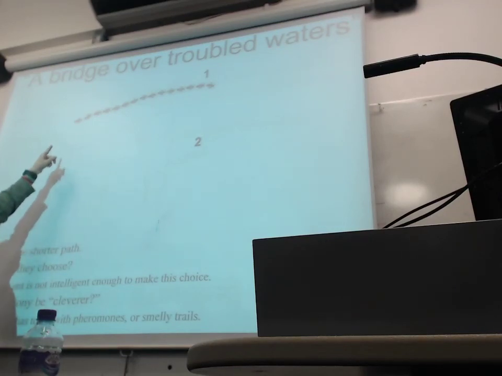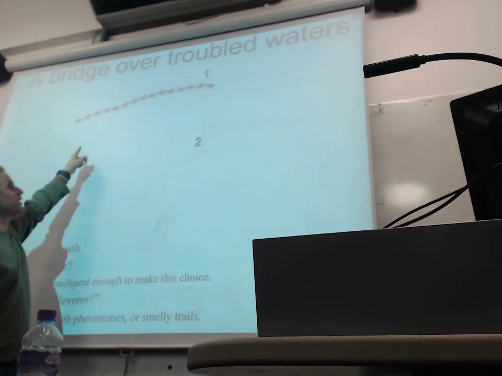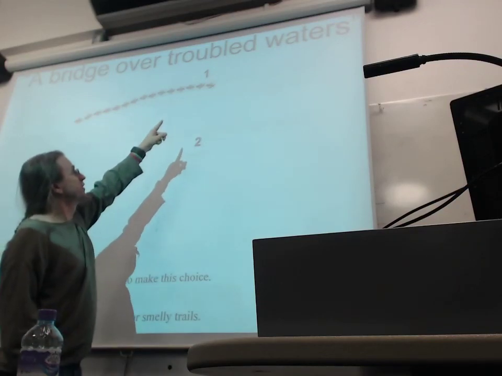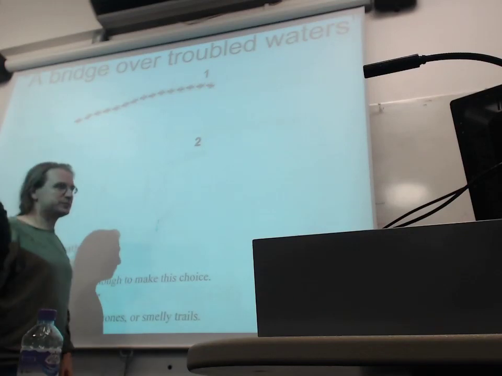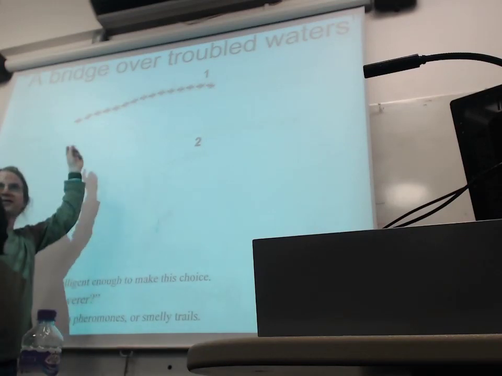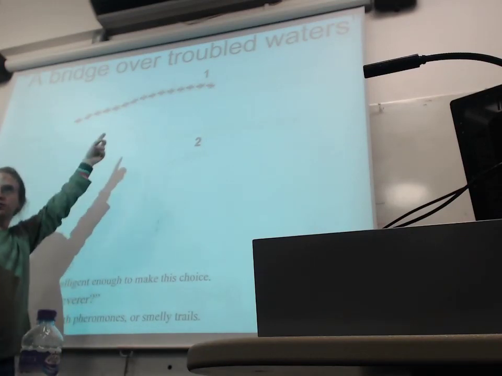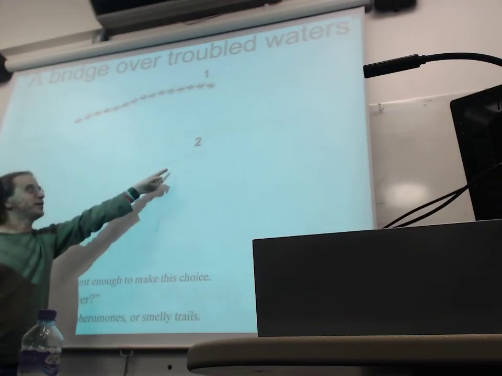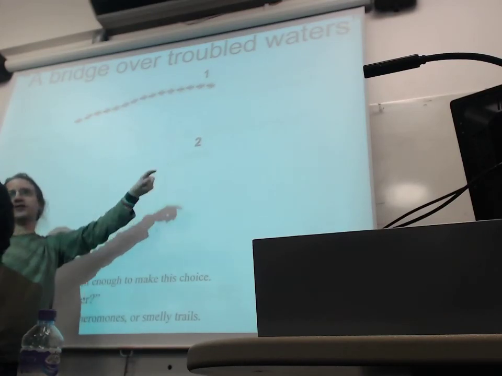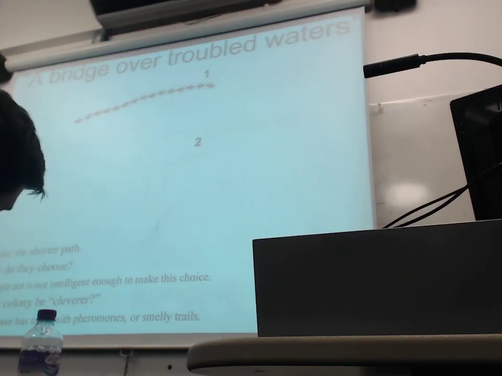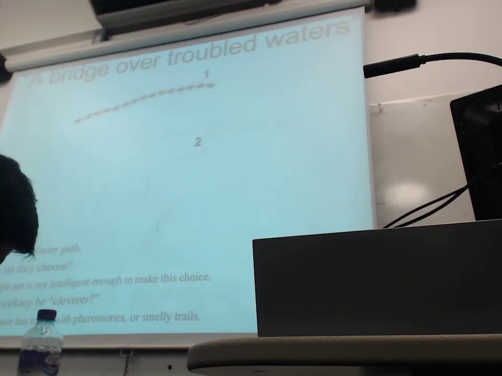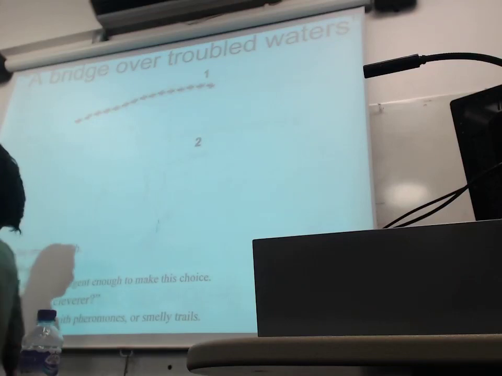Because observe, if an ant takes the shorter route, goes there, gets food, and comes back, that means more pheromone can accumulate there faster than taking the longer route. So as this pheromone accumulates, the shorter route is then taken. So this is how ants manage to choose a shorter path.